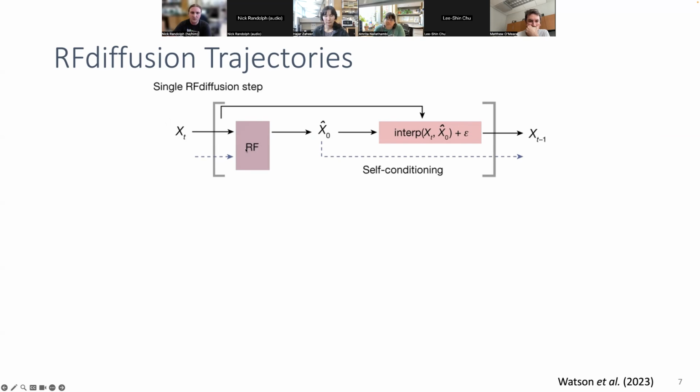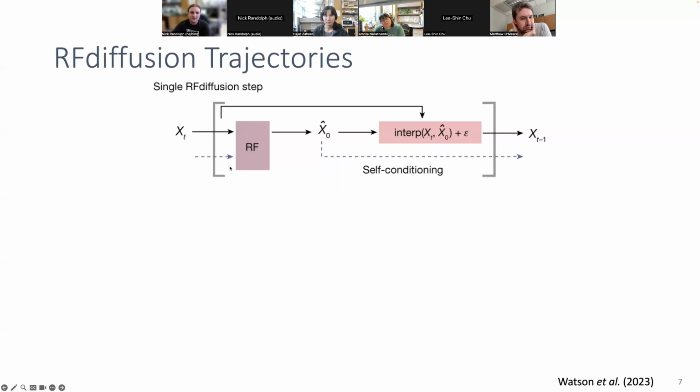This goes into RoseTTAFold, and RoseTTAFold is going to predict what the denoised structure, the ground truth structure, should look like. So this is x of 0 predicted, which is why there's a little hat on top. And then we interpolate between these 2. We take a step towards our predicted ground truth structure, an intermediate between these 2. And then we have our slightly denoised coordinates here at time step t-1.